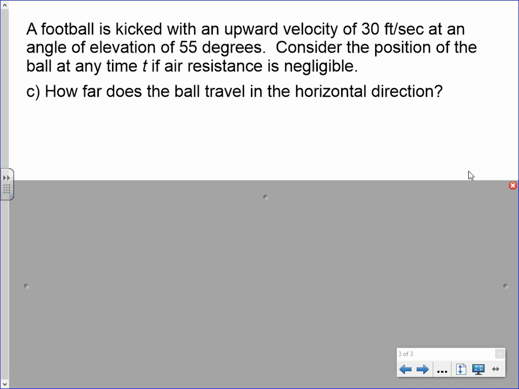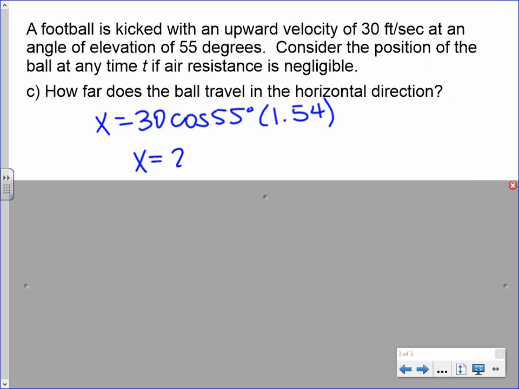Okay, so at the time, 1.54 seconds, the ball hits the ground. So if I plug into the x equation the time of 1.54 seconds, we should get how far the ball traveled until it hit the ground. 26.4.